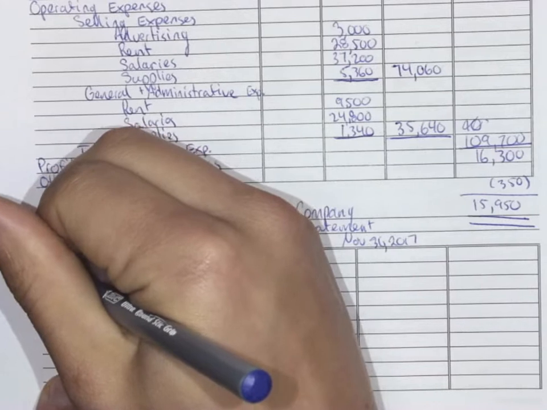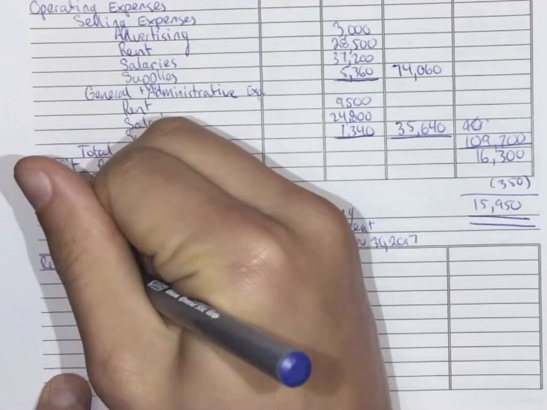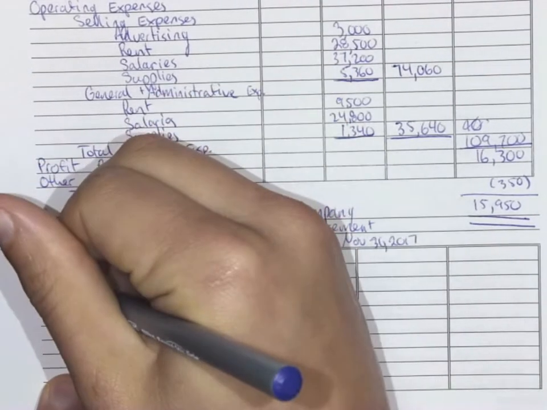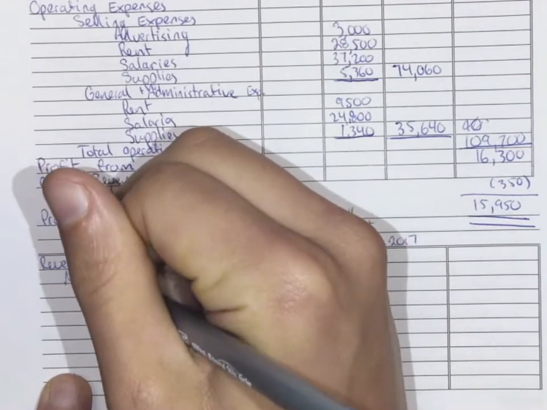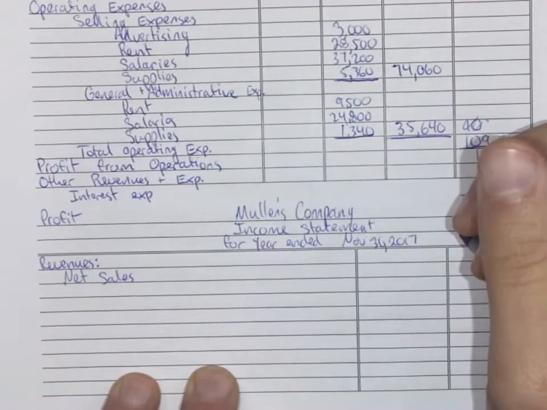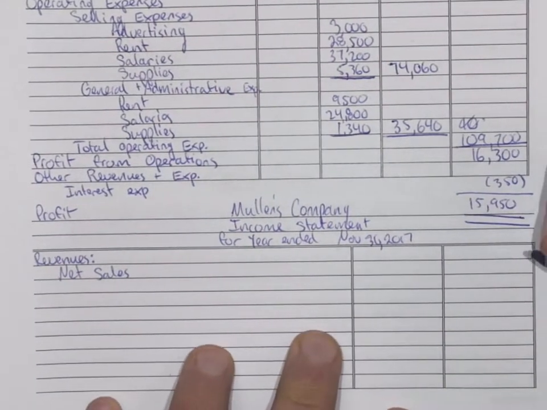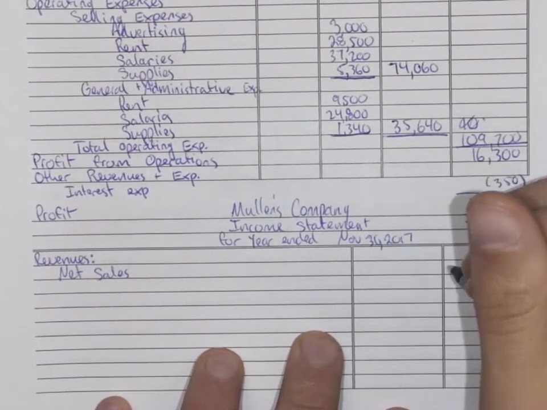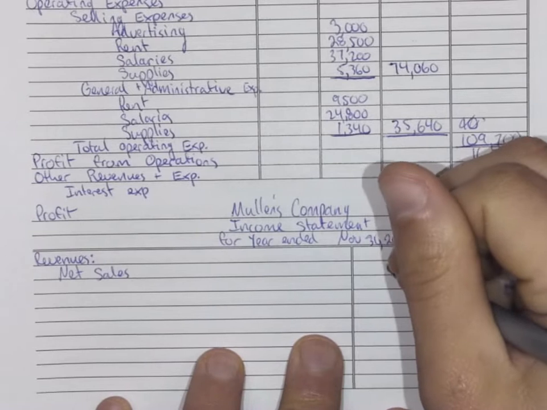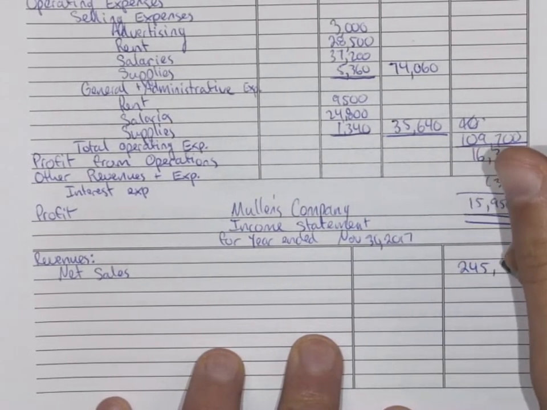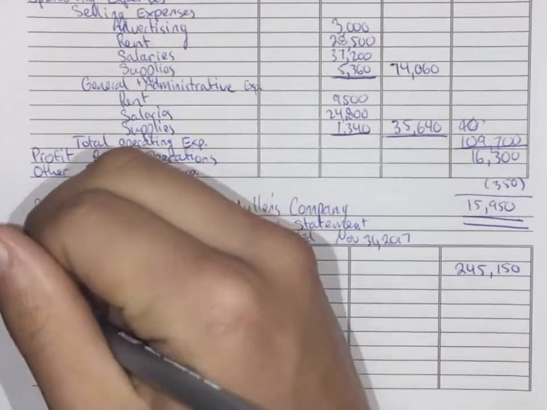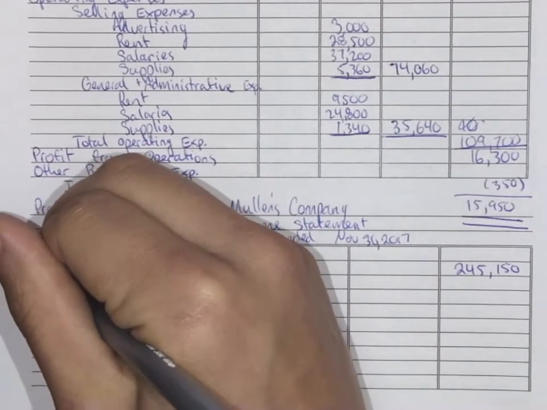Let's take our revenues. We've got our net sales, which was 245,150, and then we just list out our expenses.